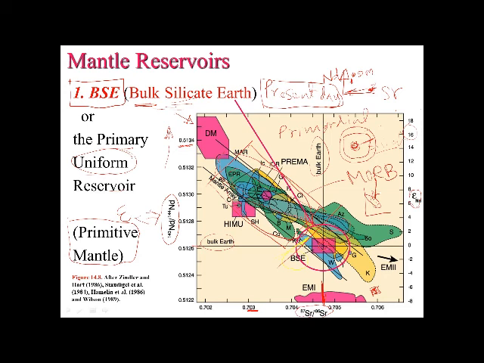In this MORB, unlike the DM or BSE, the composition is very broad. So you have two ends, one end here and the other end there. For example, in the DM, depleted mantle, we recognize that it has high neodymium values and low strontium values.